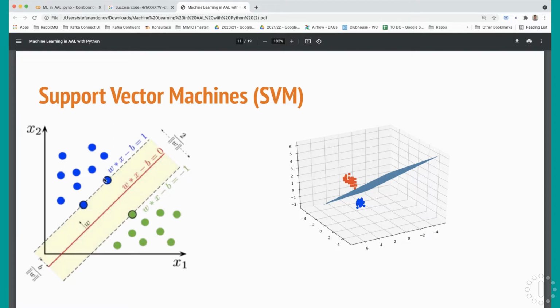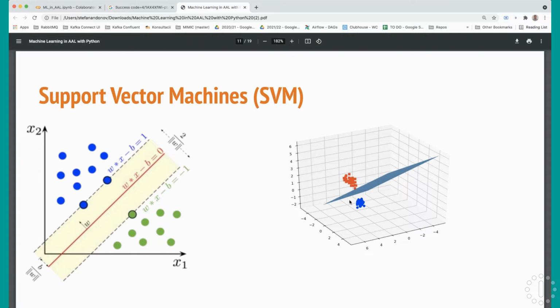These two blue points over here and this one green point over here are the so-called support vectors. They are the first point from the negative and the first two points from the positive instances, and they are at an equal distance from the hyperplane that is separating the positive and the negative instances.